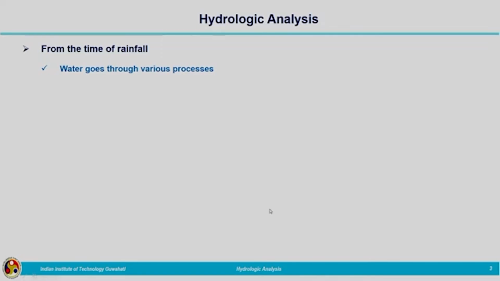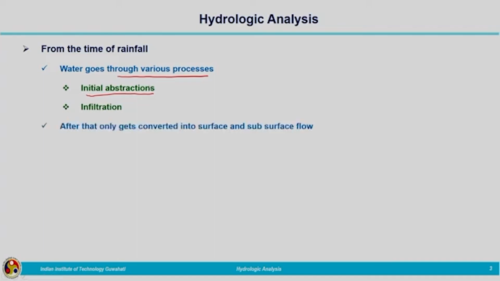From the time of rainfall, water goes through various processes, such as some amount of water is lost as initial abstractions, then some amount will be infiltrating into the ground, and after that only it gets converted into surface and subsurface flow. So whenever a rainfall is occurring, it will not be directly converted to runoff. There are cases in which direct conversion takes place, in which the entire area is impermeable.